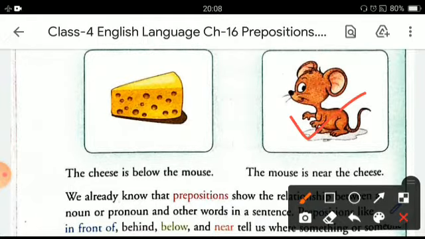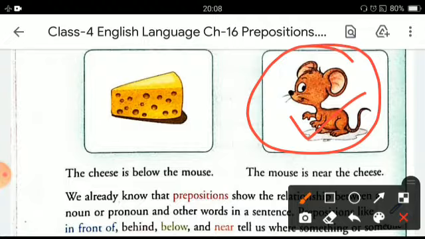Again the mouse is here but the cheese is missing. So you can draw the cheese anywhere near the mouse, because the sentence is saying the mouse is near the cheese. So the position of the cheese will be near the mouse.